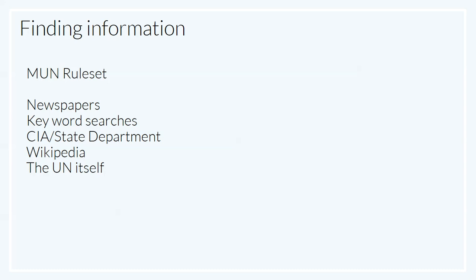Now, some people said they find it hard to find information on the policy position. This is because it requires a little bit more thinking. You need to work out, based on the general research framework, what your country's costs and benefits are from a particular topic, a particular amendment, a particular clause. And although there isn't necessarily the exact copy and paste fact that you can find about South Korea's position on a carbon tax, you can work it out, often from information that you've got from the general research framework.